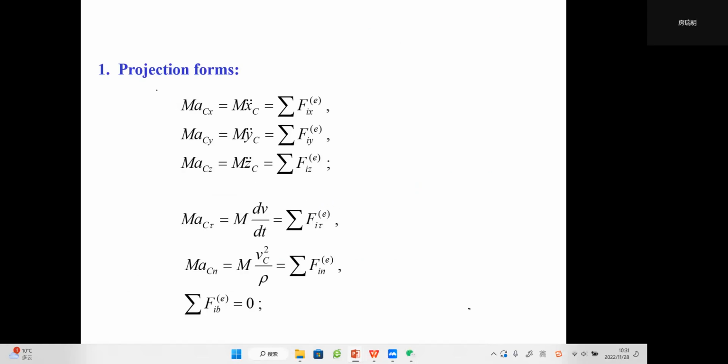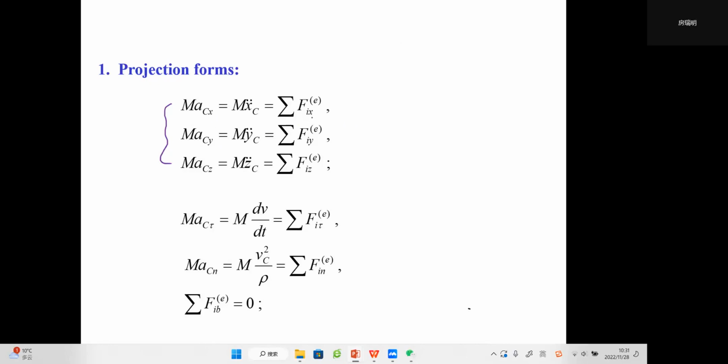We always use this projection form to change one vector equation into three scalar equations, right? So we have M acx, M acy, and M acz. Because most of the systems we are going to tackle will be plane motion systems, in many cases we just use two of them, M acx and M acy.